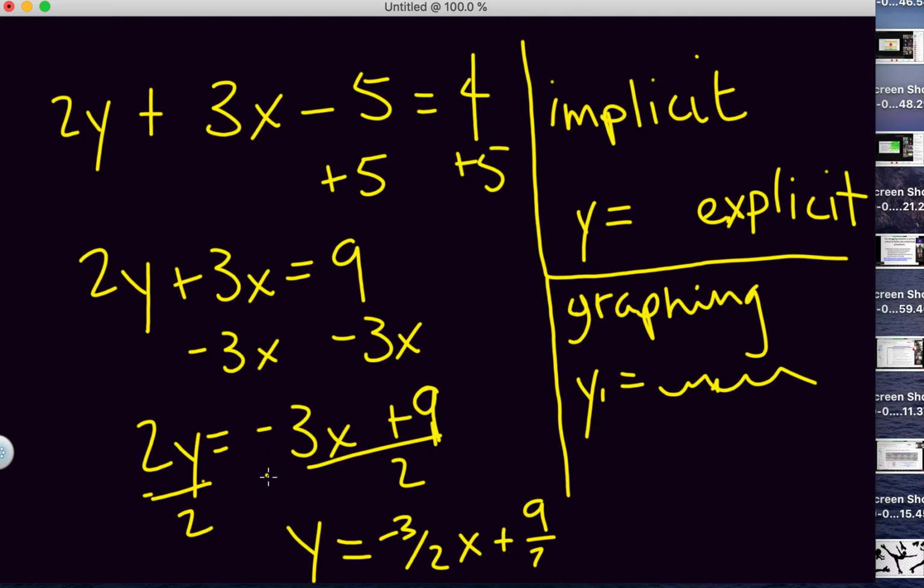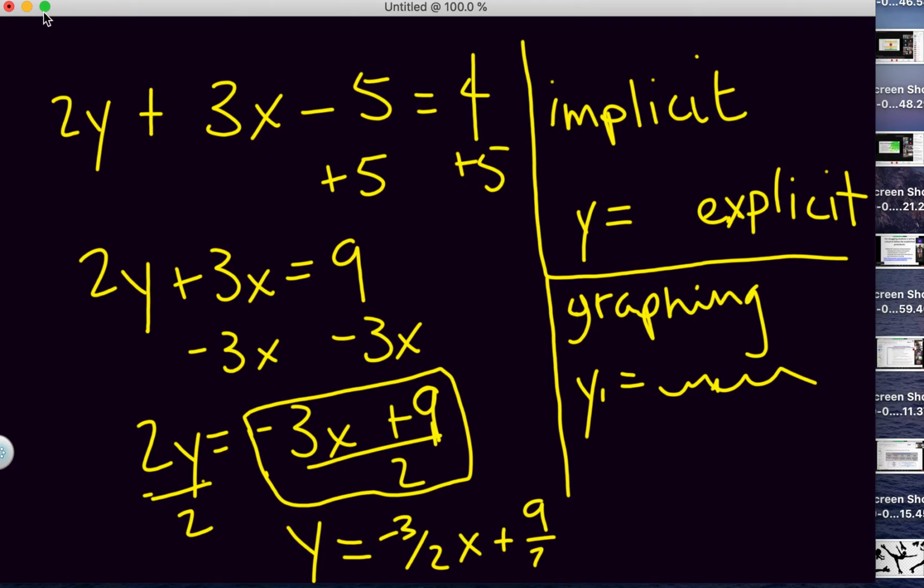Leaving it in this form, the negative 3x plus 9 over 2, that's okay as well. I turned it into y equals mx plus b just because we have a lot of clues on how to graph and what it looks like based on y is equal to mx plus b, but it's not necessarily required.